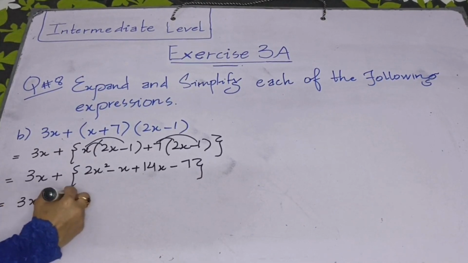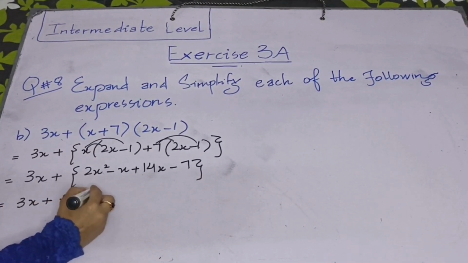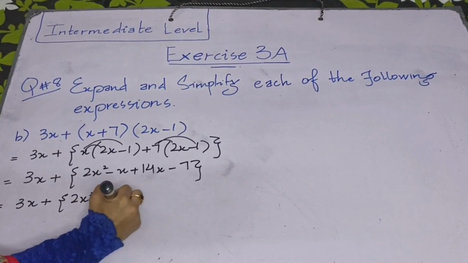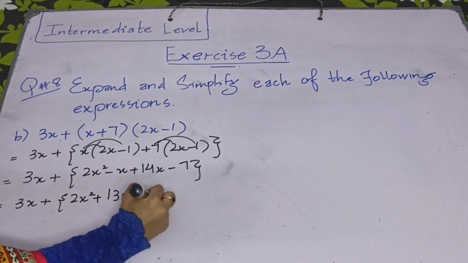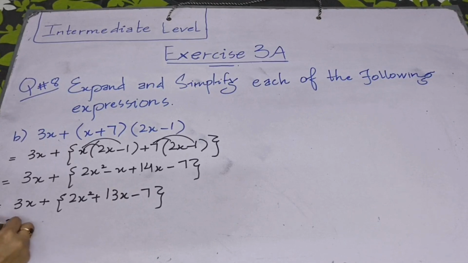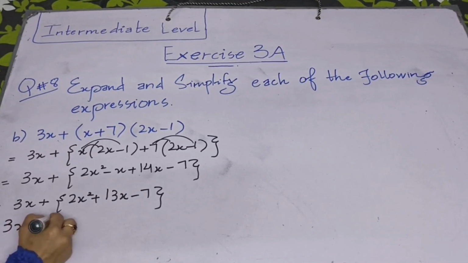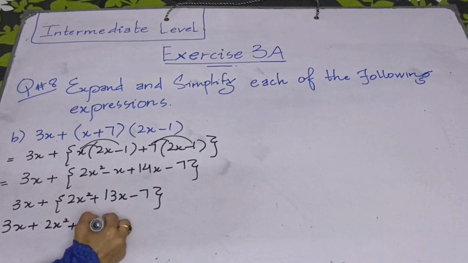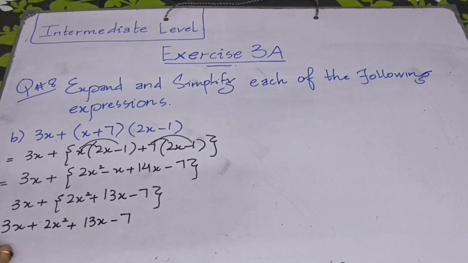3x plus 2x squared, minus plus minus, greater number's sign, plus 13x minus 7. Now we are going to open the bracket. 3x plus 2x squared plus 13x minus 7.